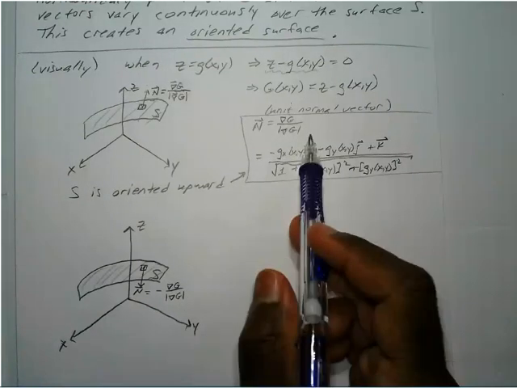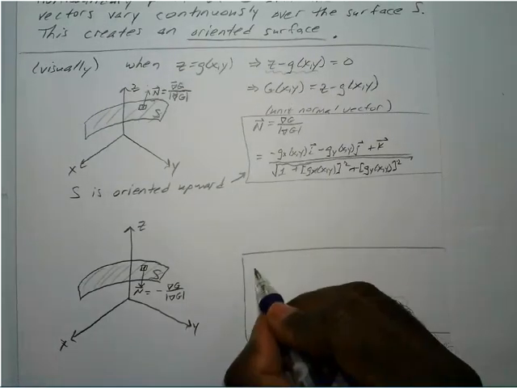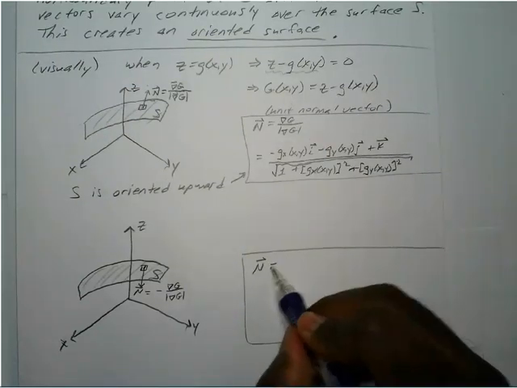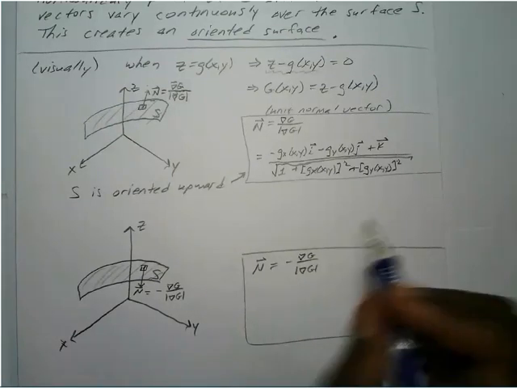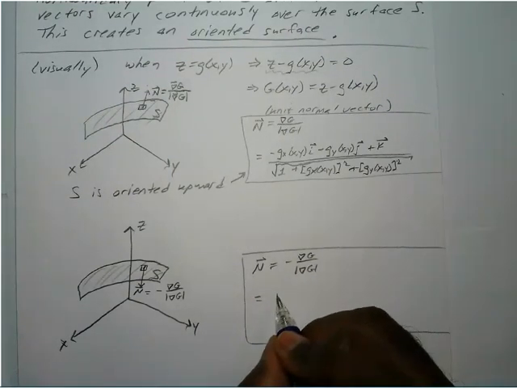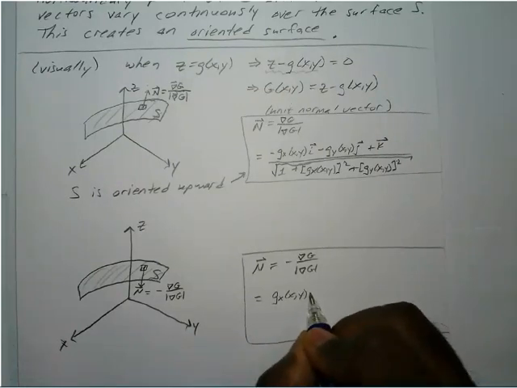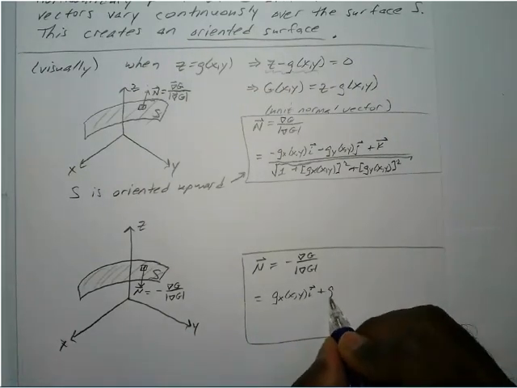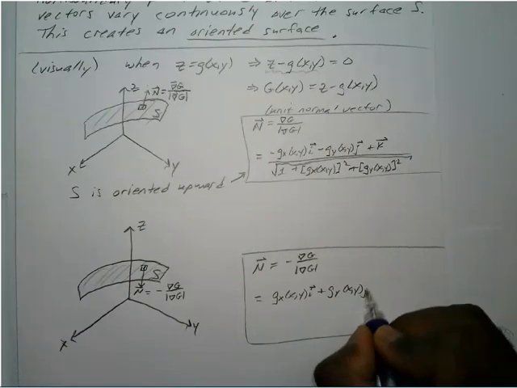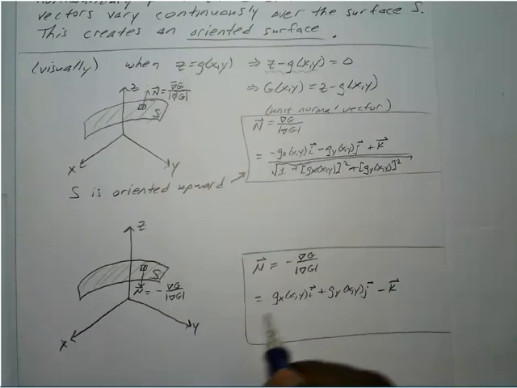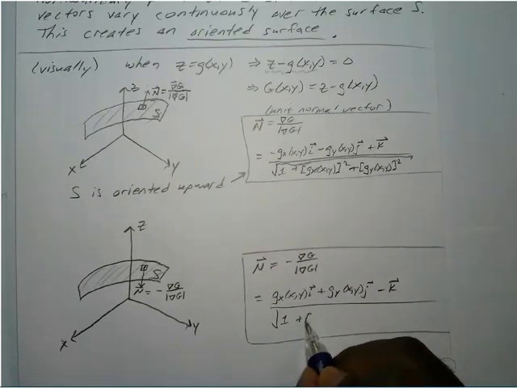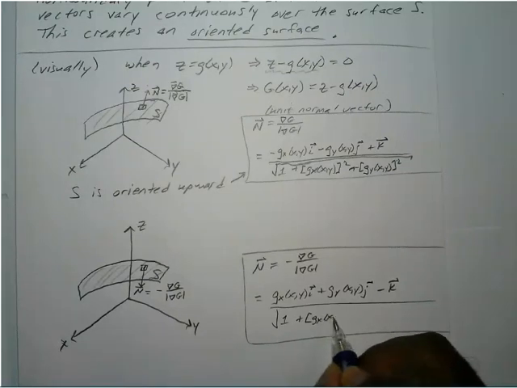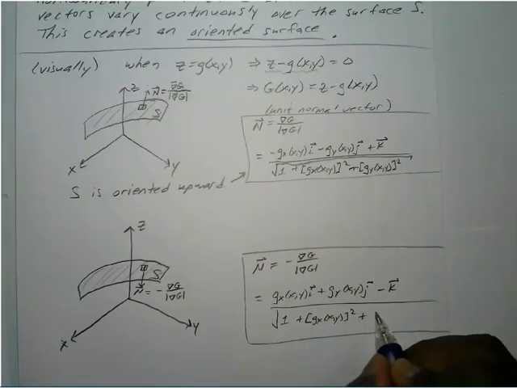So once again, it just switches up just a little bit. Okay, so you have the negative of your gradient over the magnitude of your gradient, which is equal to the partial with respect to x times the I unit vector plus the partial with respect to y times the J unit vector minus the K unit vector, all over the same magnitude, which is the square root of 1 plus partial with respect to x plus the partial with respect to y.